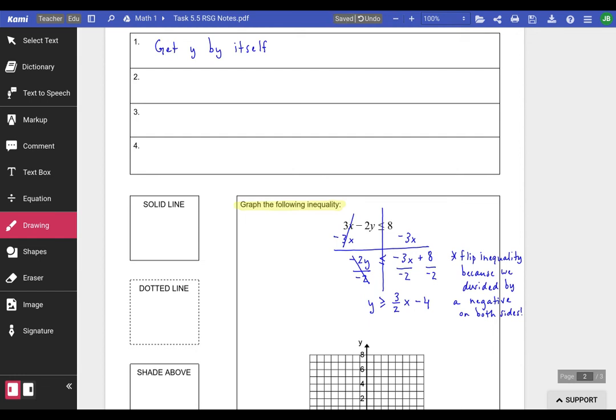And I'm going to add a note up here. I know we wrote it already, but I want to write it again. I'm going to make a note.